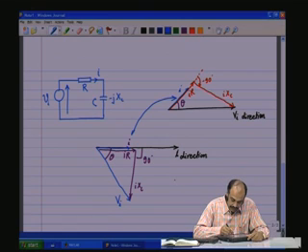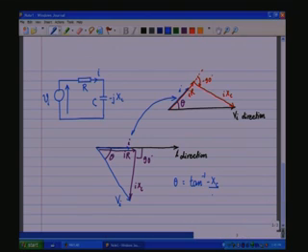Look at this, theta is tan inverse of minus XC by R. Minus here indicates that it is the minus j XC term, and minus also indicates a negative direction for the angle of rotation theta, or the absolute value of theta would be tan inverse of XC by R.